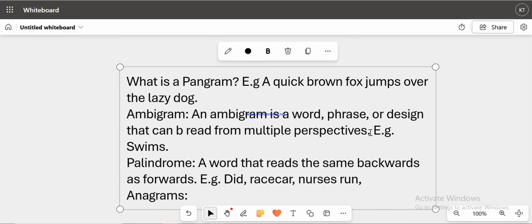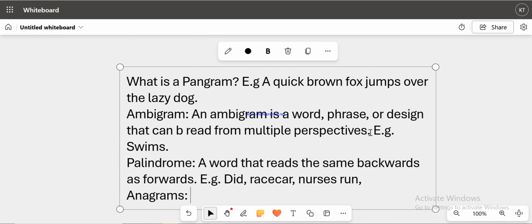An anagram is a word or phrase formed by rearranging the letters of another word. It's very simple. If you have a word, you can use the exact letters of the word to form another word. That is basically an anagram.